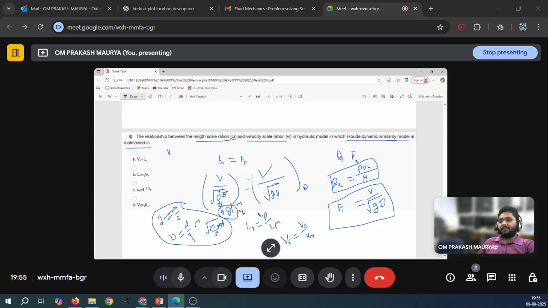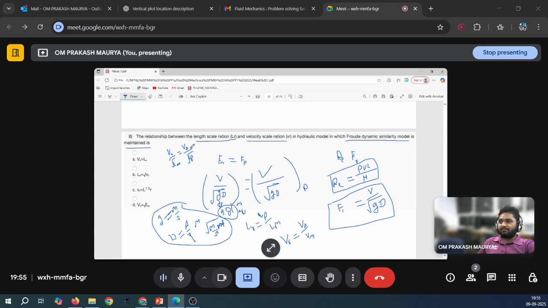So only L is remaining. If this is the model, Vm divided by root Lm equals Vp divided by root Lp.